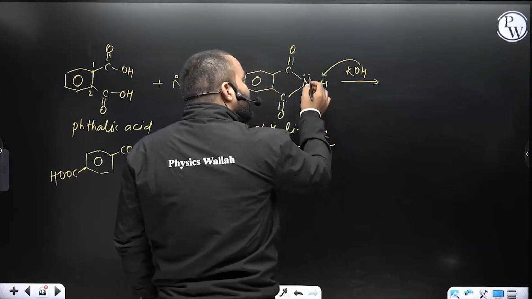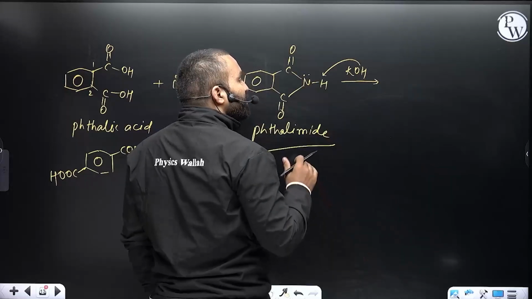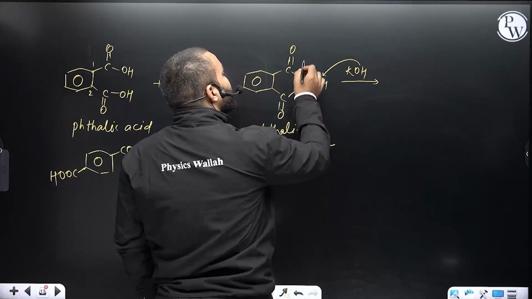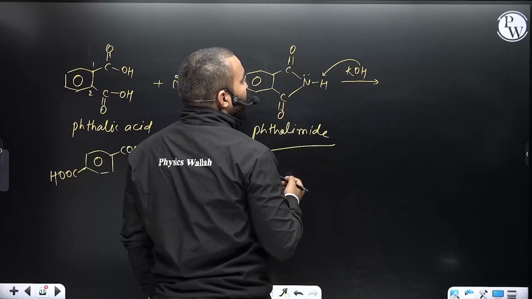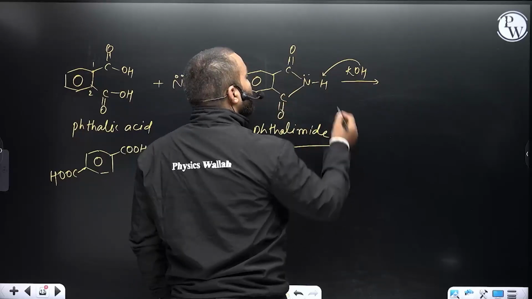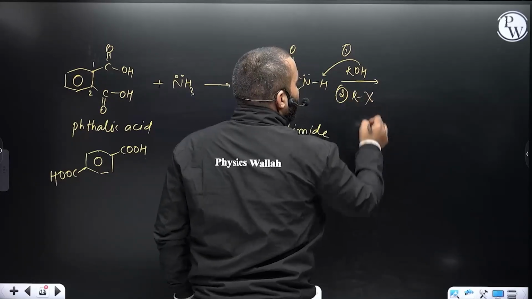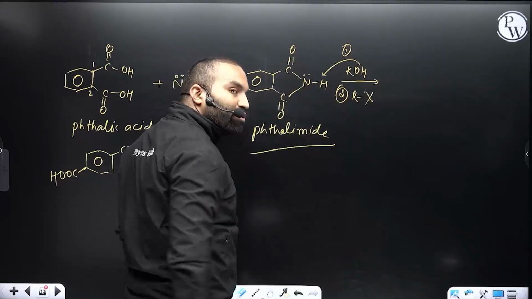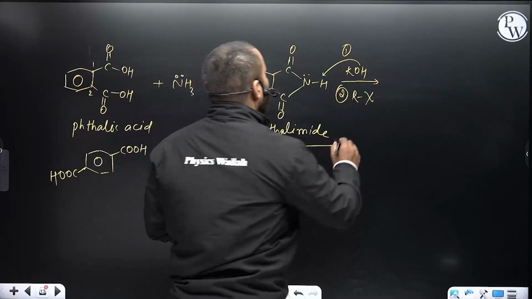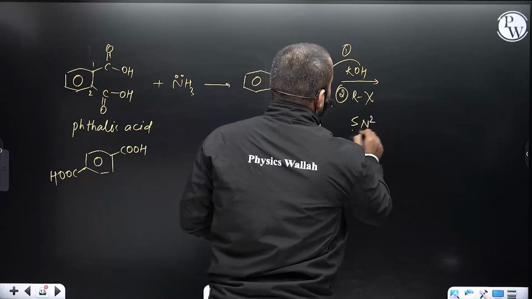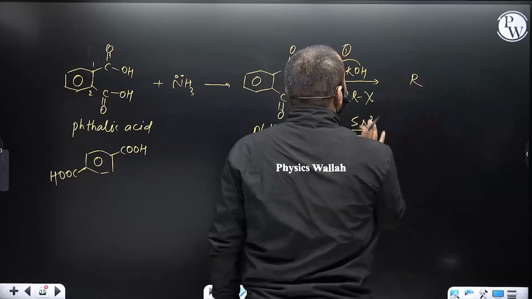Yes, but when this hydrogen is lost, this negative charge will be stabilized by conjugation with C double bond O, and that makes it a nucleophile. This nitrogen nucleophile will react with RX. I can choose R of my own choice. Whatever alkyl halide R you want to choose, there will be a pure SN2 attack, and the compound finally obtained will be with R of your choice.